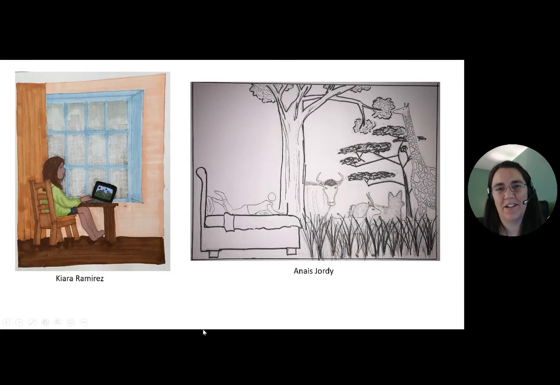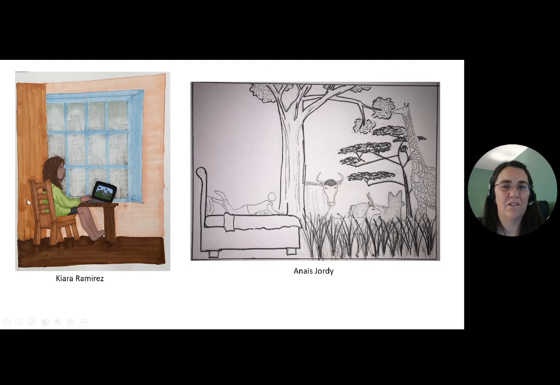Lots of other drawings. Some of the students were not able to get outside really at all. Anais was in Paris, France, and they had a very strict lockdown. And Kiara was in Los Angeles, and part of the reason Kiara couldn't go out is because there were so many fires during a lot of the semester, and the air quality was so bad you literally couldn't go outside.